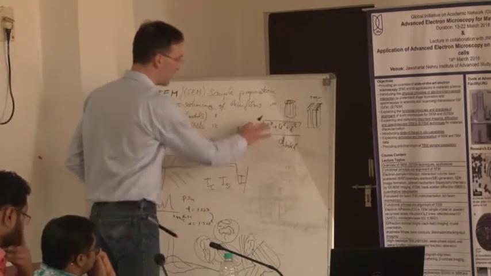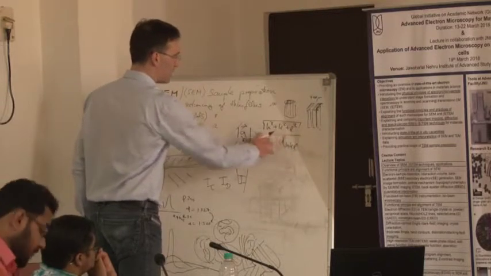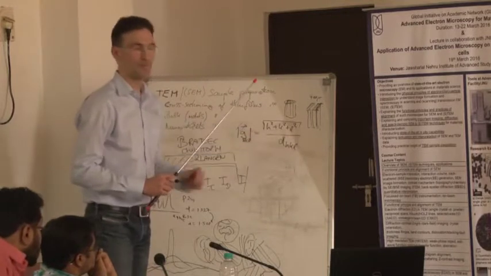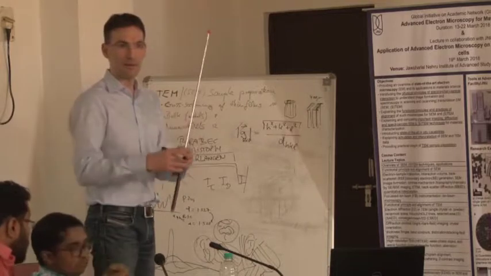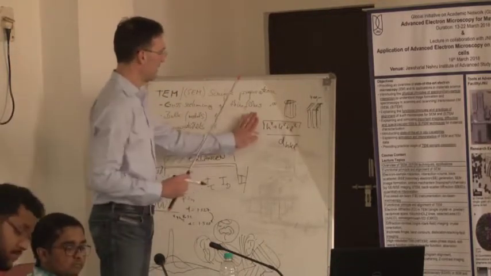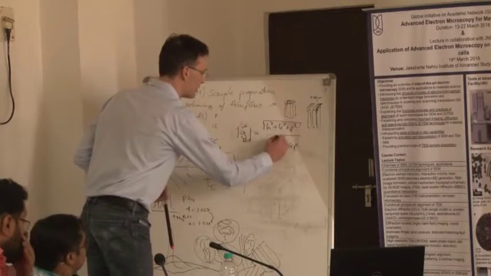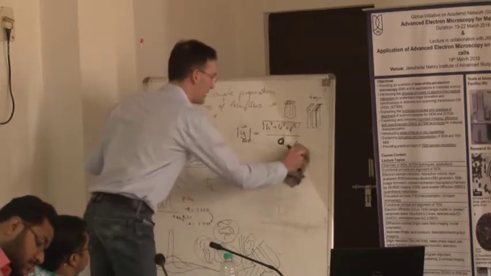If you invert that, you will see that if you divide your real space lattice constant by the square root of the sum of the squares of the Miller indices, this is simply, oh no, sorry, this is a. This is a, I'm mistaken.